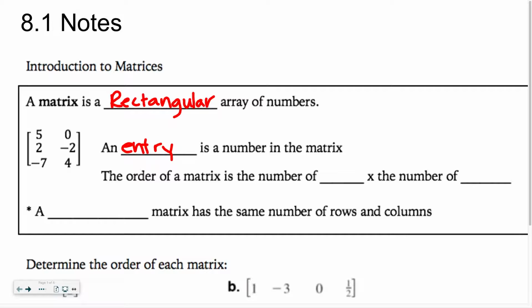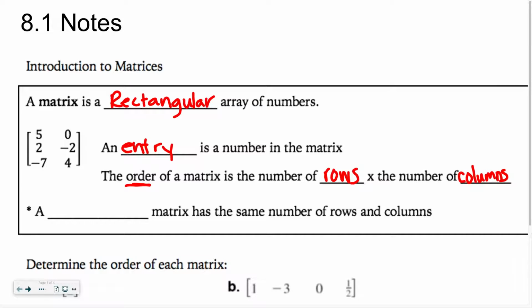The order of a matrix is the number of rows by the number of columns. So we write it like a dimension with a little cross X. Rows by columns.